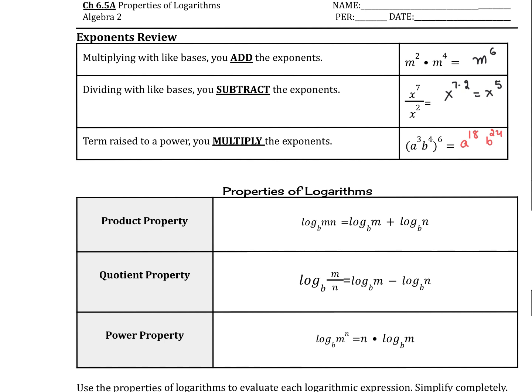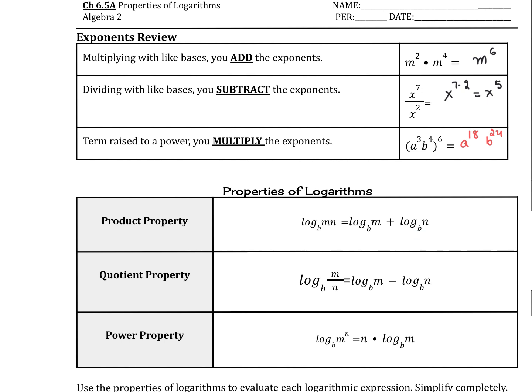Next, we are going to discuss the properties of logarithms. The first property is the product property, where you have log base b of m times n. This product property turns into an addition property, so it becomes log base b of m plus log base b of n.